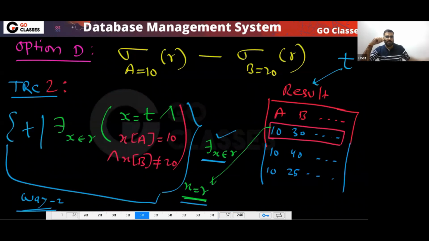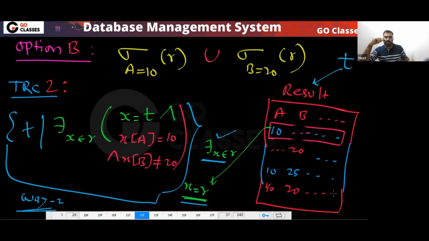And for option B, what will be TRC2? Basically, I want those tuples where I have 10 here, then I don't care what is here. And if I have 20 here, then I don't care what is here. So these types of tuples I want. Very simple.